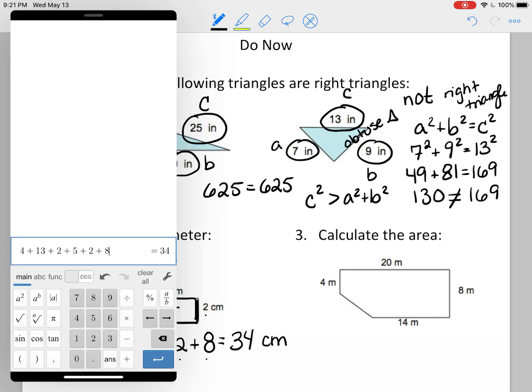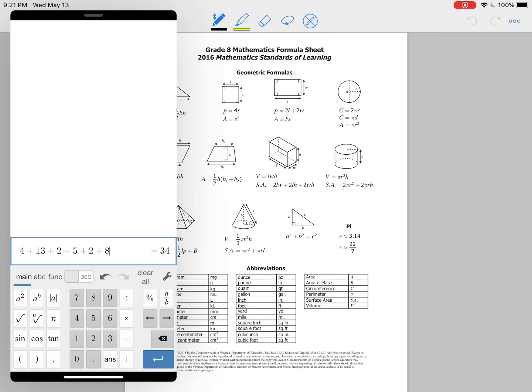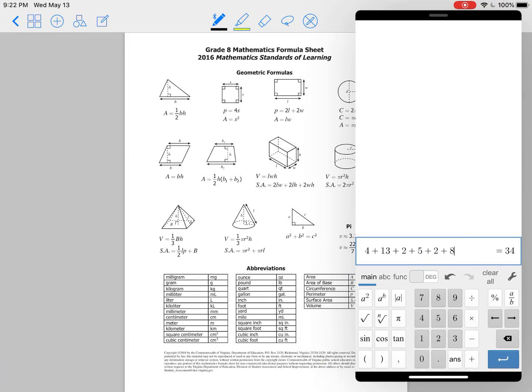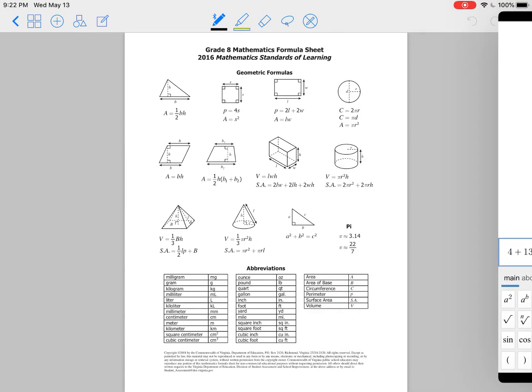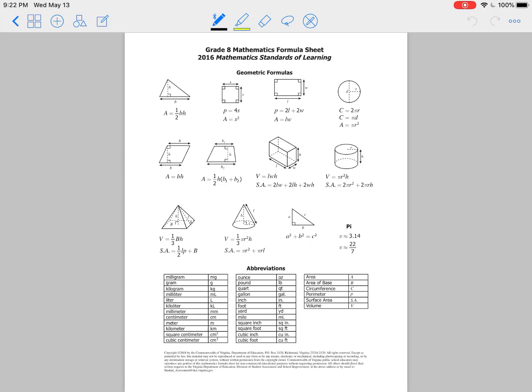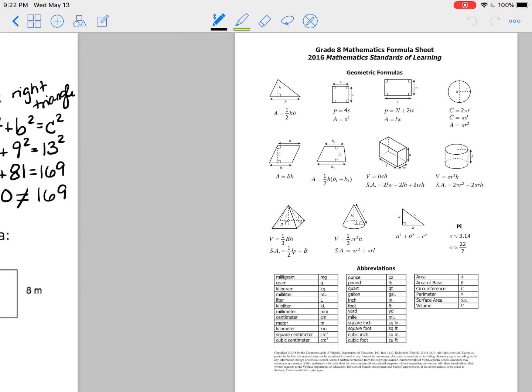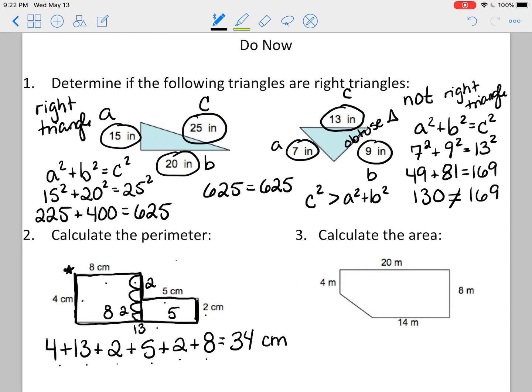Number 3 asks us for the area. Now, if we're looking at our formula sheet, there is no shape that looks like the one in the problem. So we need to subdivide this composite figure into shapes that are on this formula sheet. So I'm going to divide here. Now I have a rectangle and I have a trapezoid.